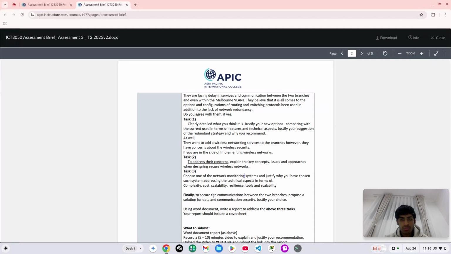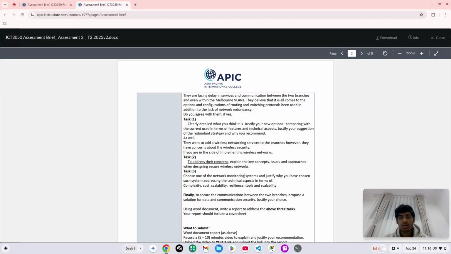And finally, to secure the communication between the two branches, we recommend the implementation of an IPsec VPN tunnel. The use of VPN helps in maintaining the confidentiality, integrity, and authentication of the data.